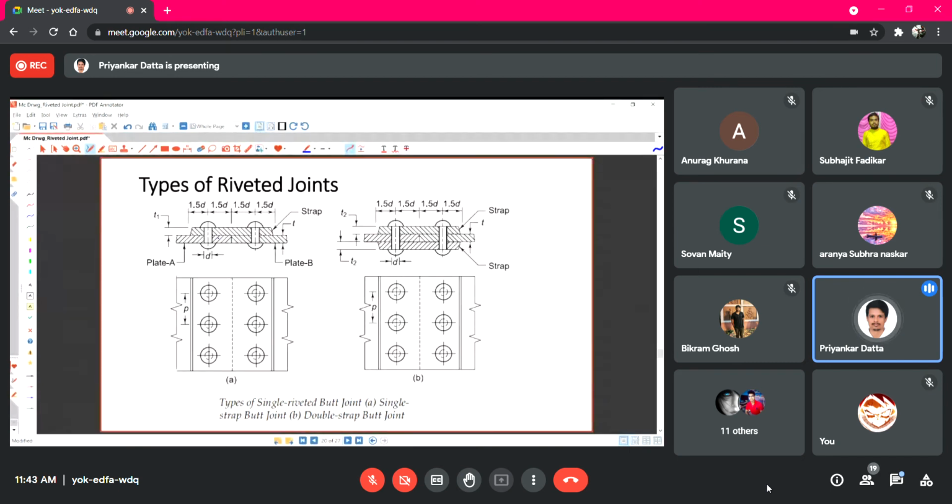Since here both the plates are not joined using a single rivet, and additionally we are using a plate to join them, at least two rows of rivets are required in a butt joint, and accordingly a single riveted butt joint will have a minimum of two rows of rivets. For this part, this is plate 1 and this is original plate 2. Here it is named as plate A, plate B, and this upper part is the strap.